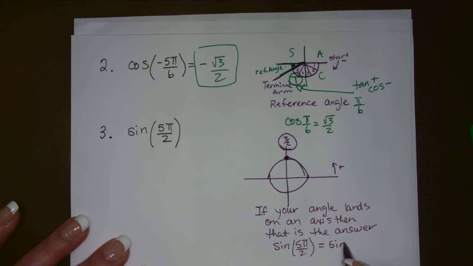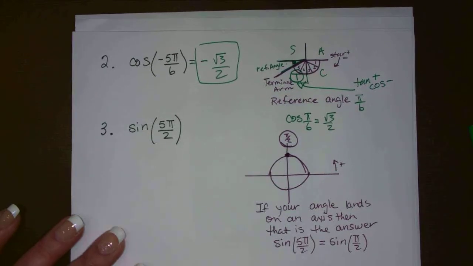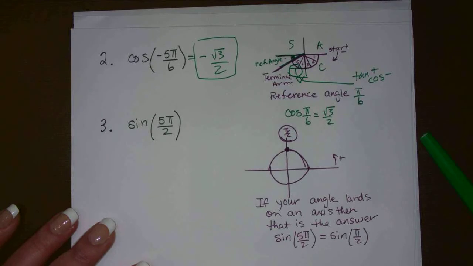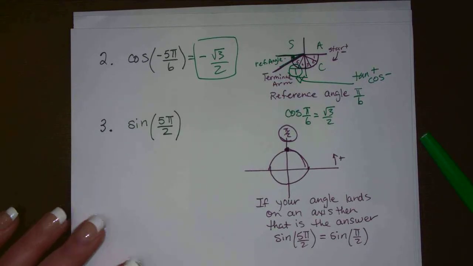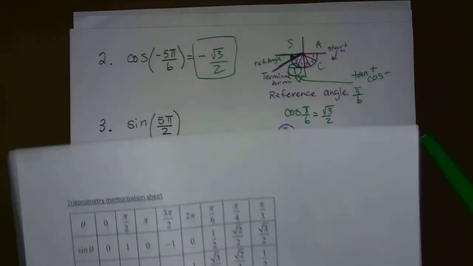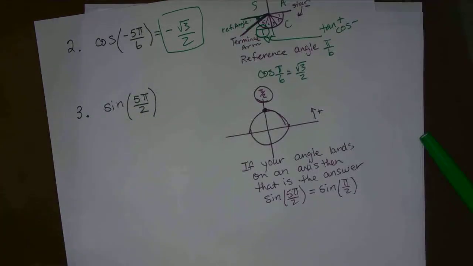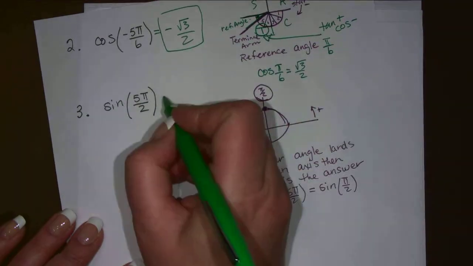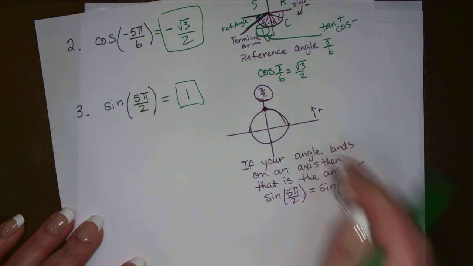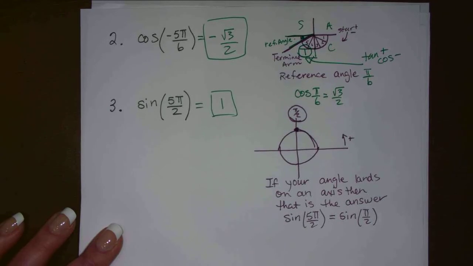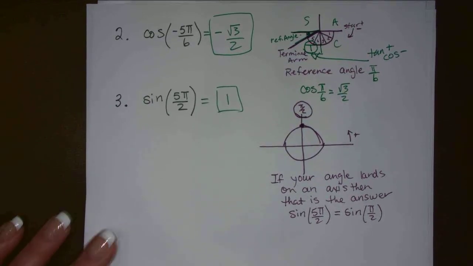What it's saying is that sine of 5 pi over 2 is the same as sine of pi over 2. So we just look up sine of pi over 2 on our table, which is what? Sine of pi over 2 is 1, and 1 is the answer. So if you land on an axis, just look up that value, whatever axis you land on, and that is the answer. Okay, so what about tan?